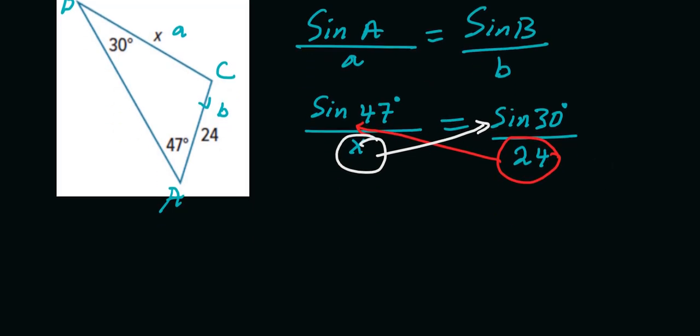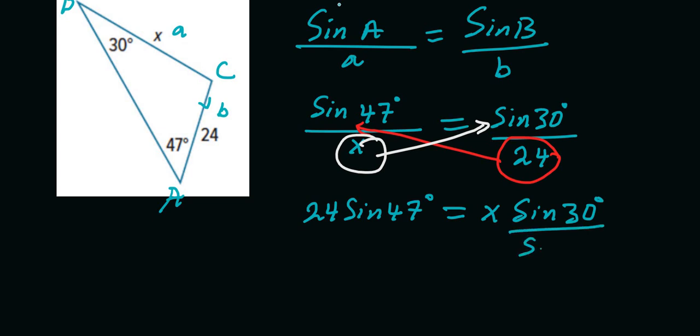So when that happens, the equation becomes 24 sine 47 degrees equals x sine 30 degrees. So now we can divide both sides by sine 30 degrees in order to isolate x.